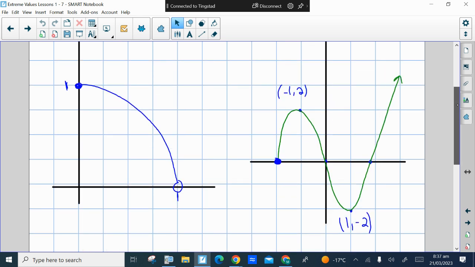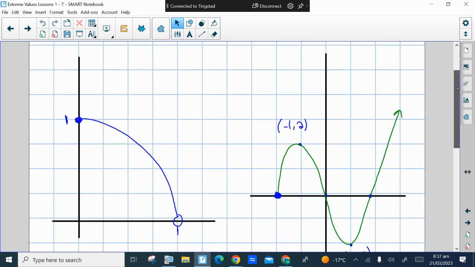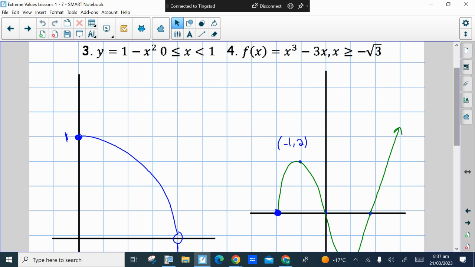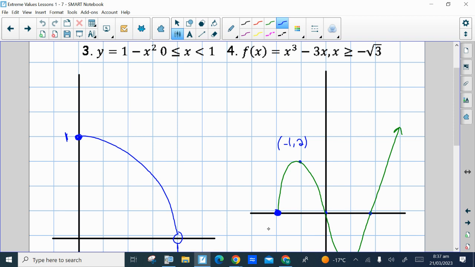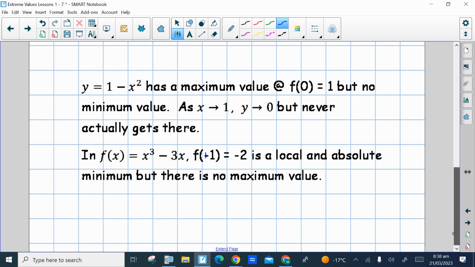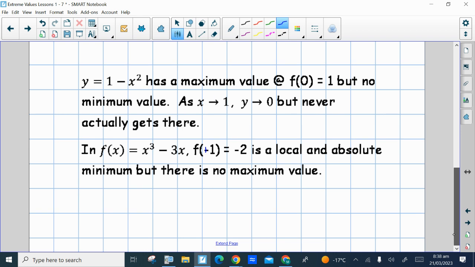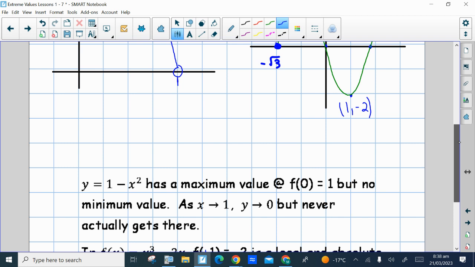That second graph, again, there's a restriction on the domain. It's the graph of x cubed minus 3x, where x is greater than or equal to negative root 3. So this point here is where x is negative root 3. And as it says for that graph, there is a local and absolute minimum, but there is no maximum value.